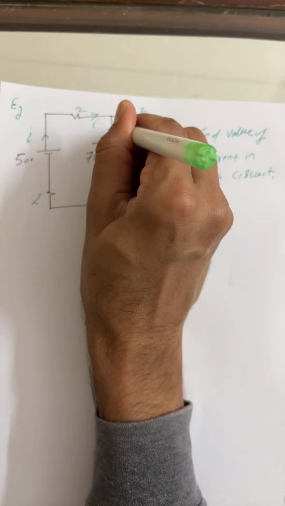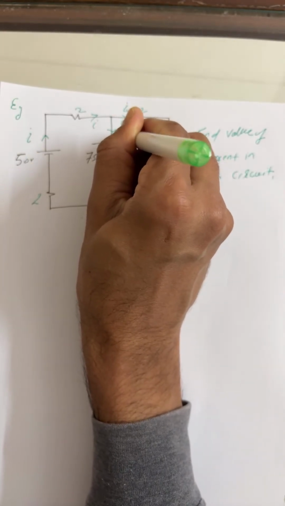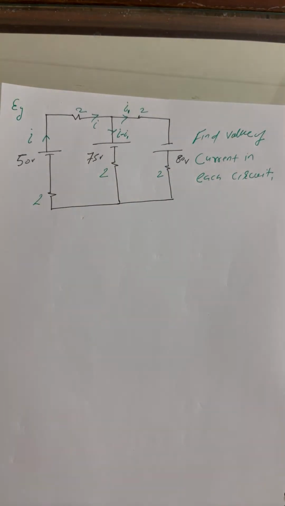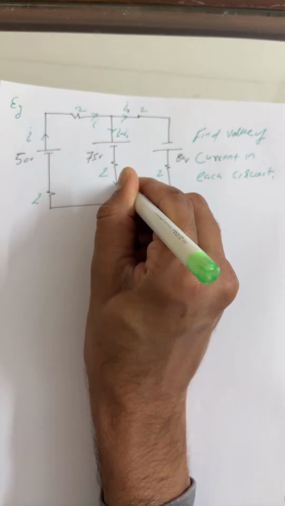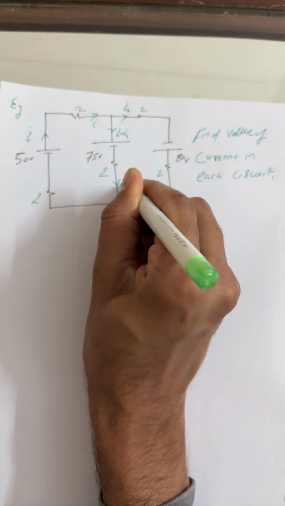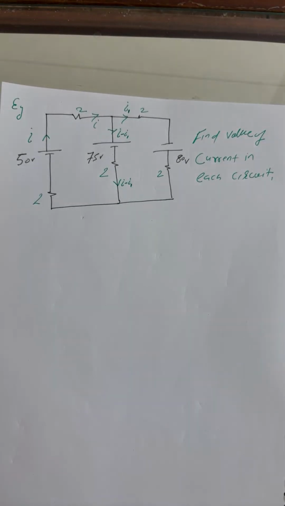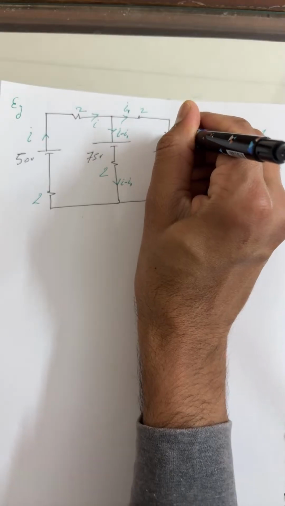So what is the current over here, my dear? You can say I minus I1. Listen carefully here. I'll solve this question slowly. I minus I1. So here you can write I minus I1, I minus I1. So the current remains the same here.